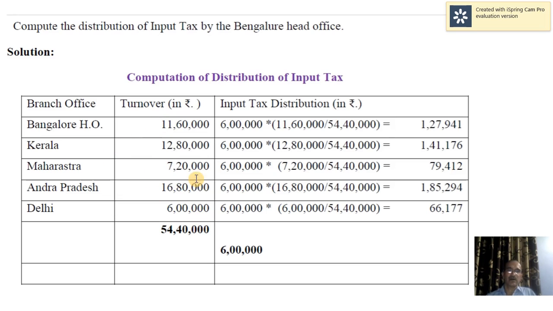Now you have to calculate the proportion of the value to the total turnover. For example, 11,60,000 out of 54,40,000. So that has to be applied on 6 lakh, and you will get the input tax credit relating to Bangalore head office. See, 6 lakh is the total input tax credit.